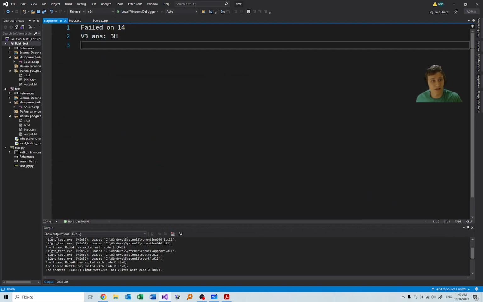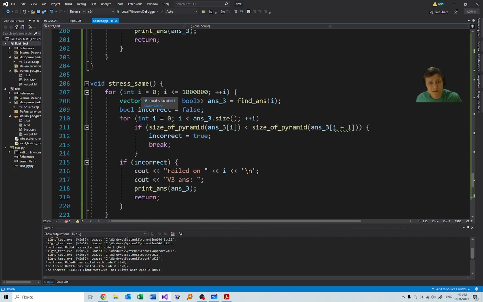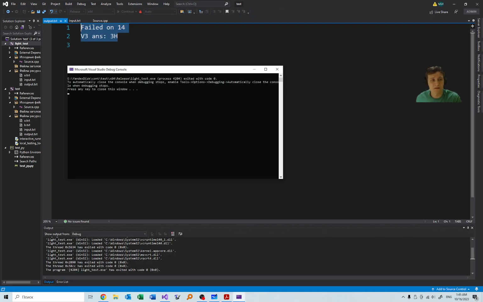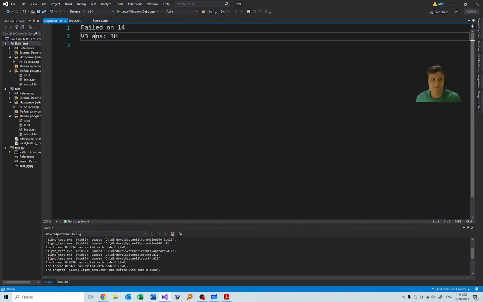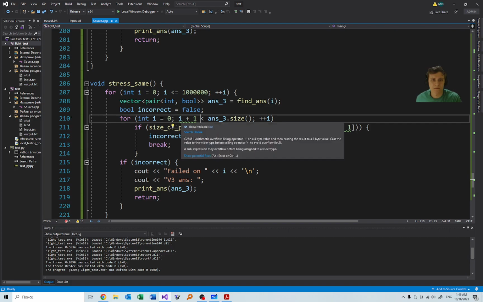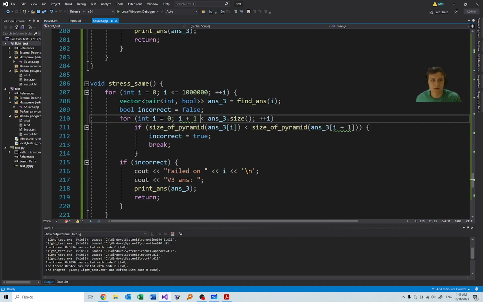Okay, it found something. Oh, no, what? Failed on 14. Okay, I need to start I plus 1. This was undefined behavior. Again. What's wrong with you?